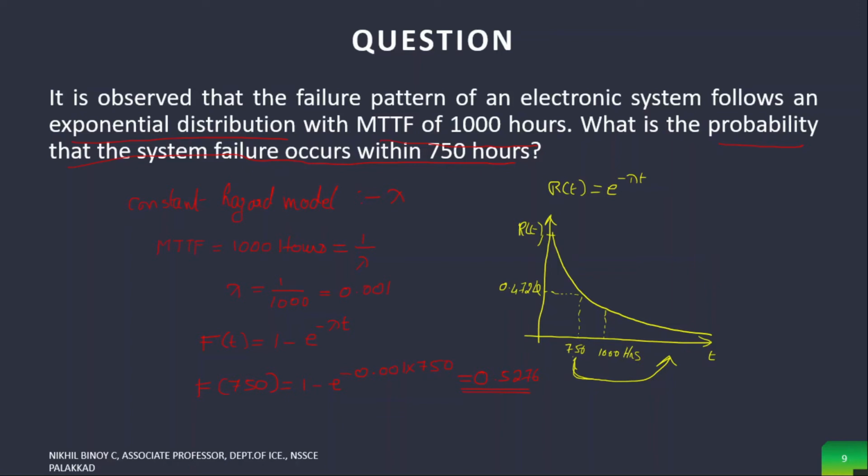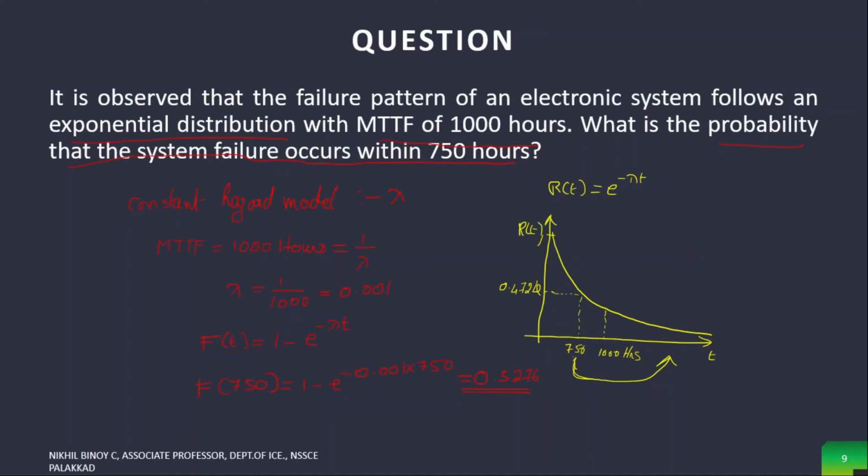Here the electronic component is following the constant hazard model, but the problem is the mean time to failure is 1000 hours, meaning we can trust up to 1000 hours. But in the real case, more than 50% of components will fail before 1000 hours.